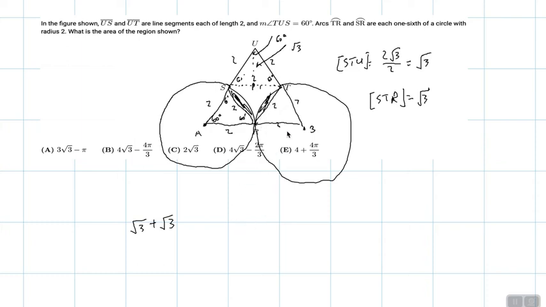So what we need to do is subtract the area of this triangle from the area of the sector.